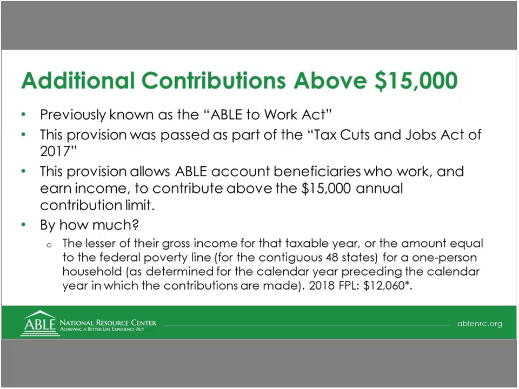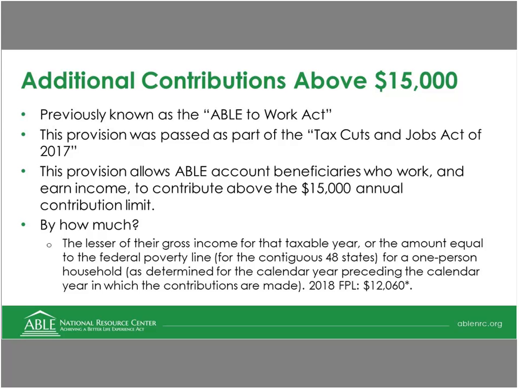So basically what all that jargon means is the FPL is set right now at $12,060 from what we understand. So the amount a person can contribute above the $15,000 would be the amount of money they make, or the $12,060, whichever is less.